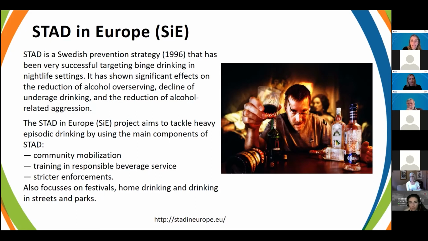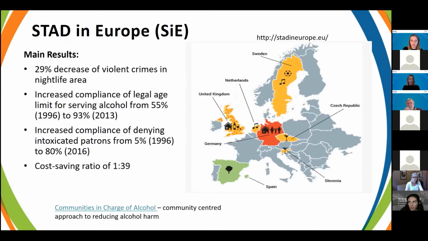And it's seen as one of the key things in terms of the STAD model going forward, along with training within the beverage service, and also around stricter enforcement as well. I'm sure as we go forward there'll be a lot more work that comes out of the STAD in terms of festivals and home drinking post-COVID.